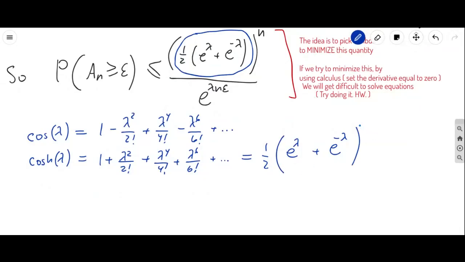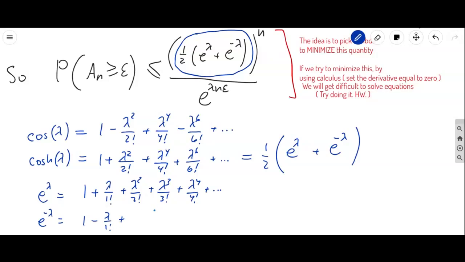And the reason for this is because e to the lambda is this series, so you have all of the powers of lambda. And e to the negative lambda is when you replace lambda by a negative.